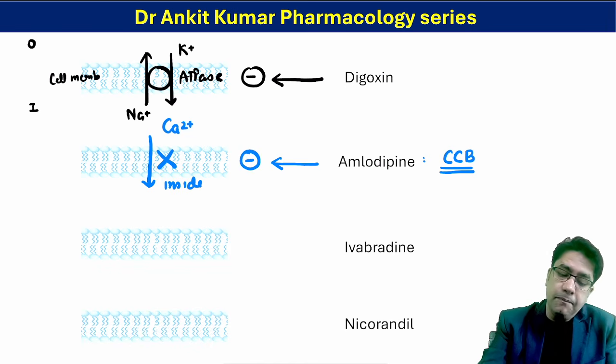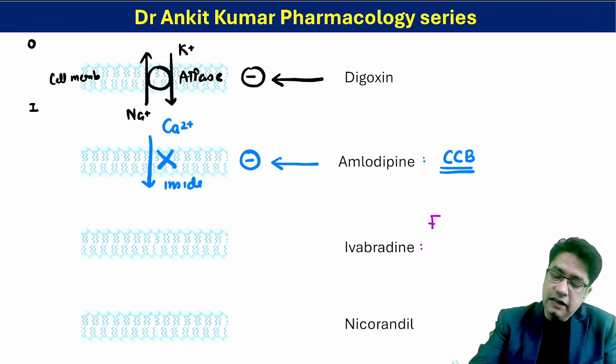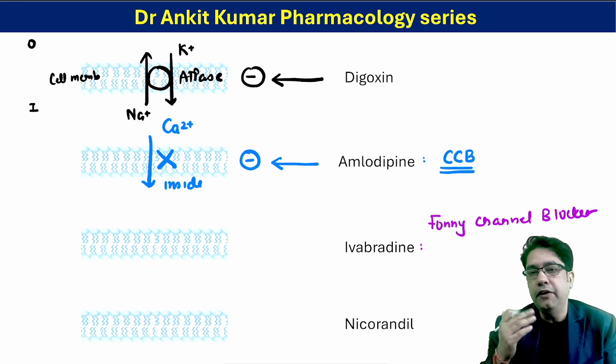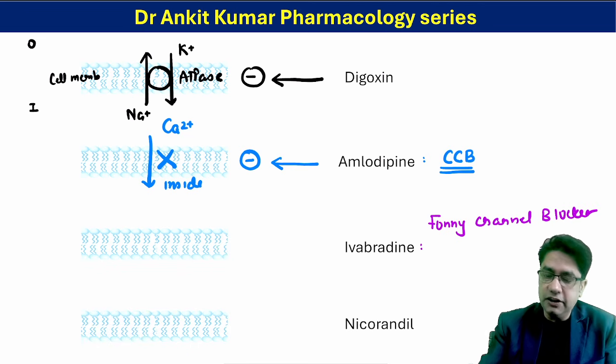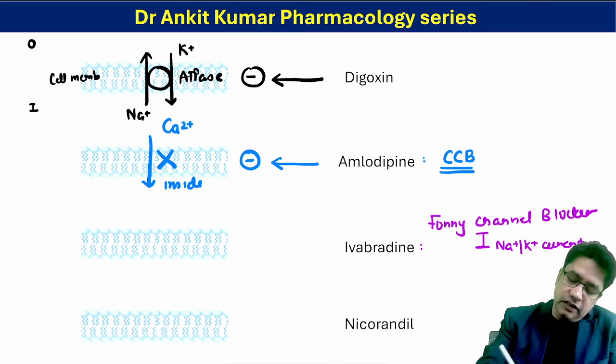Then we have ivabradine. Ivabradine is a drug for angina, and we call it a funny channel blocker. These funny channels are present on the SA node of the heart, thereby it reduces heart rate. Remember, the funny channel is also known as the inward sodium potassium current. Its function is to bring sodium and potassium inside the cell.